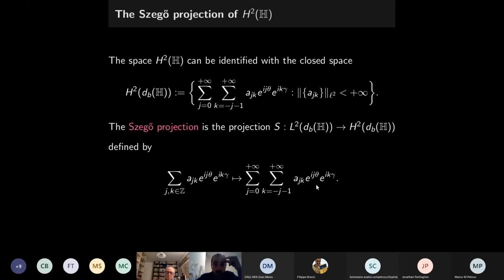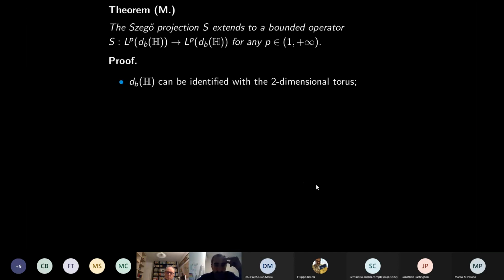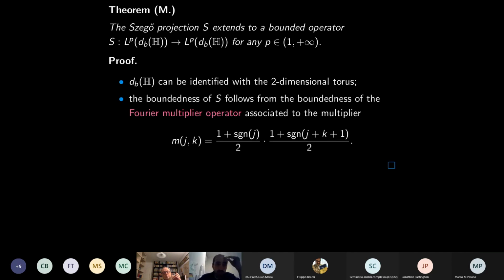And unlike the weighted Bergman projection case, the Szegő projection extends to a bounded operator on L^p for p between 1 and infinity. The proof is very simple now, because we can identify the distinguished boundary with the two-dimensional torus.